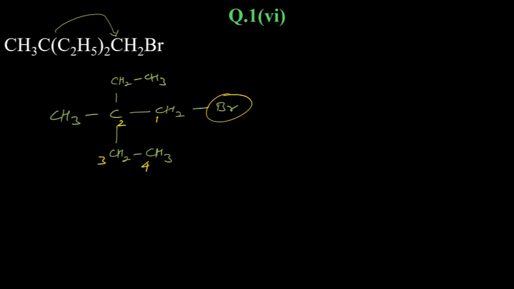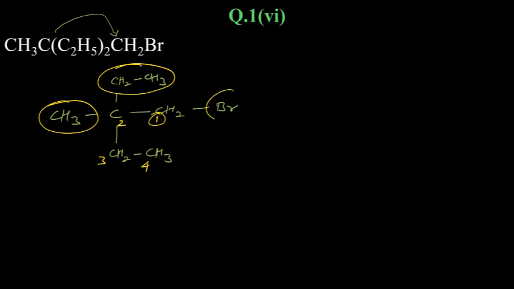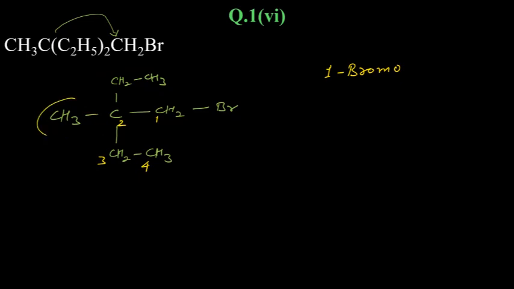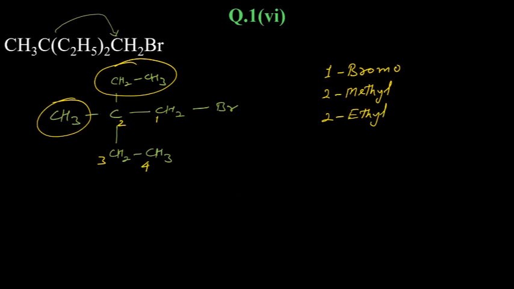Now on second carbon, you have two branches. On first carbon, you have bromine attached, so you will write one bromo. On second carbon, you have these two groups, so you will write on second carbon, you have methyl, and on second carbon, you have ethyl group also.